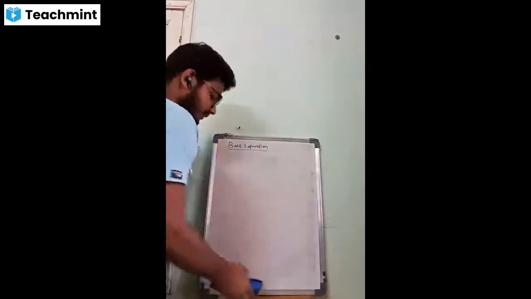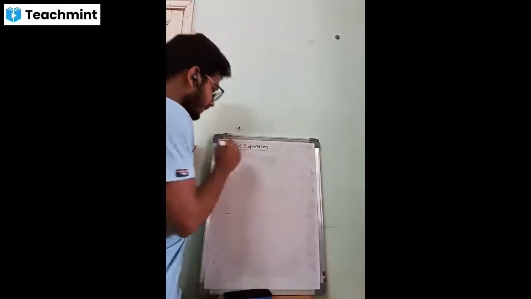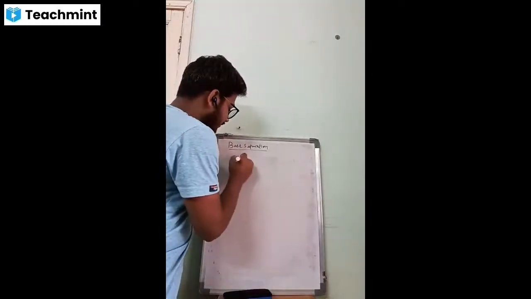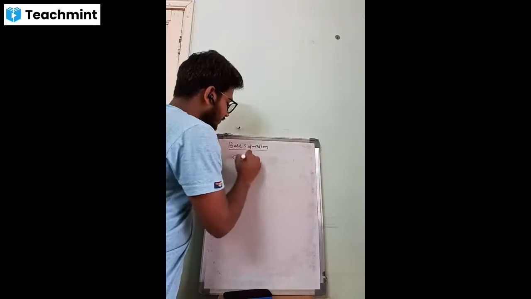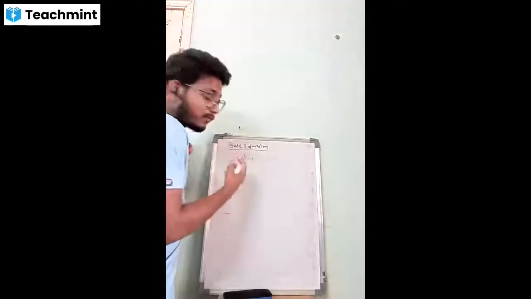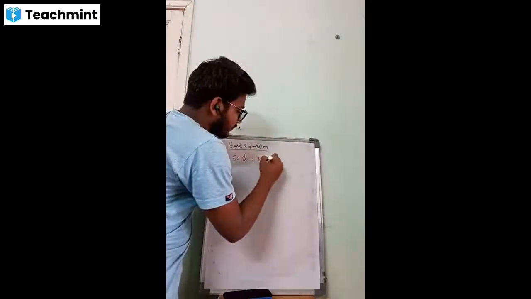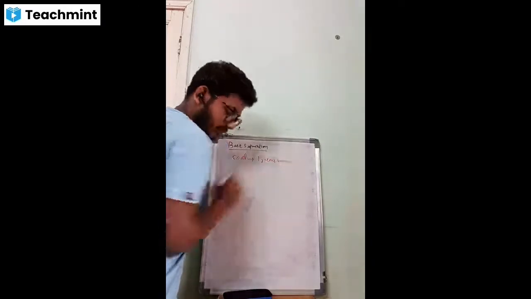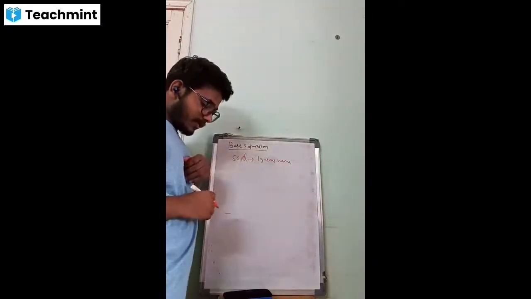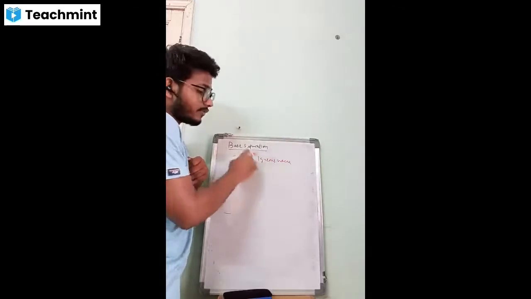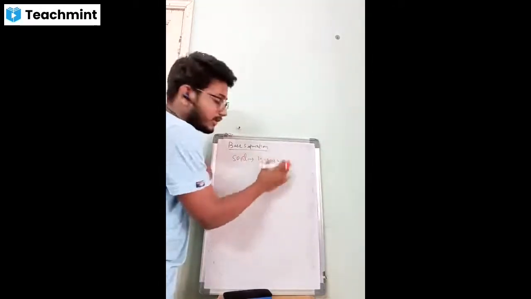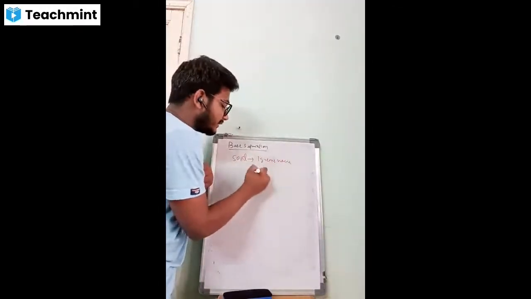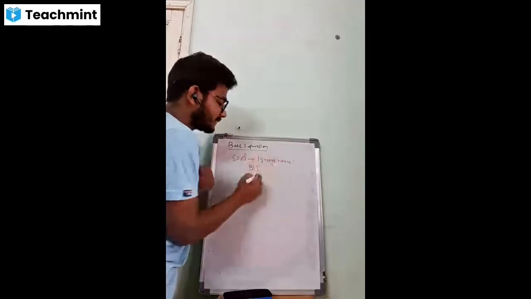And one more thing: if our soil is forming from igneous rock, or derived from igneous rock, then the base saturation will be less. Why?